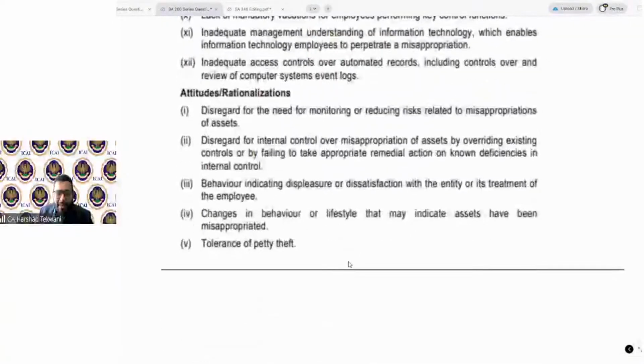If I talk about rationalization, then disregard for the internal controls, disregard for the need of monitoring, tolerance of petty theft, change in behavior or lifestyle, behavior indicating displeasure or dissatisfaction with the entity. There are certain factors which help a fraudster to rationalize that. These are risk factors, basically.